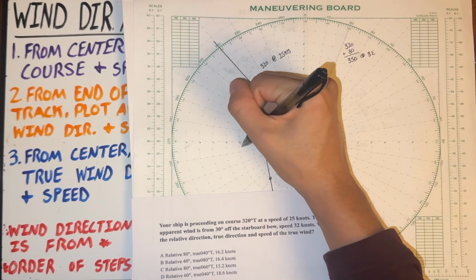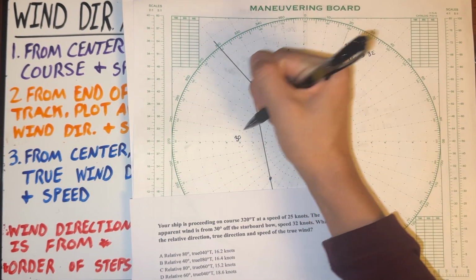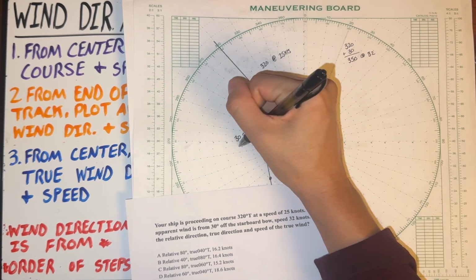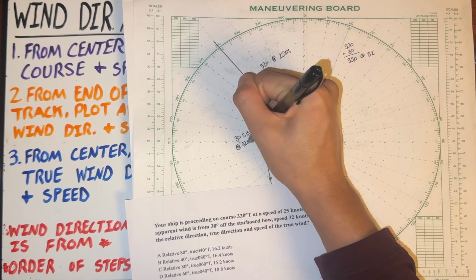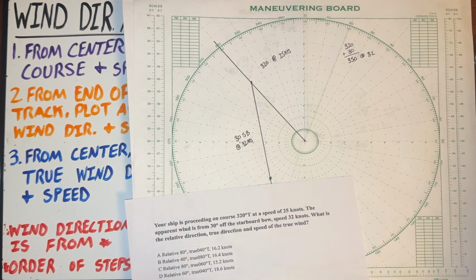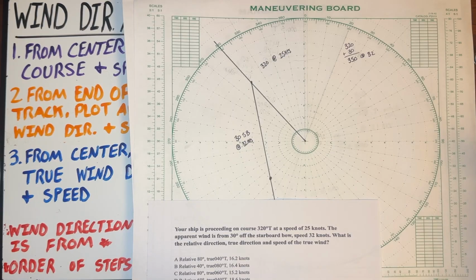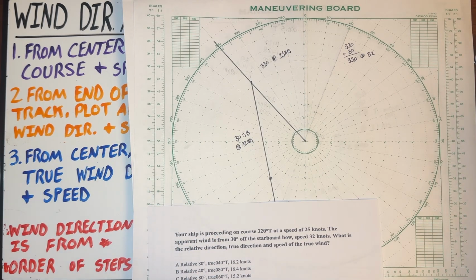We have 30 degrees on the starboard bow at 32 knots. So that is our apparent wind. Now from the center, we will plot our true wind speed and direction. And like I said previously, this is just connecting those dots.